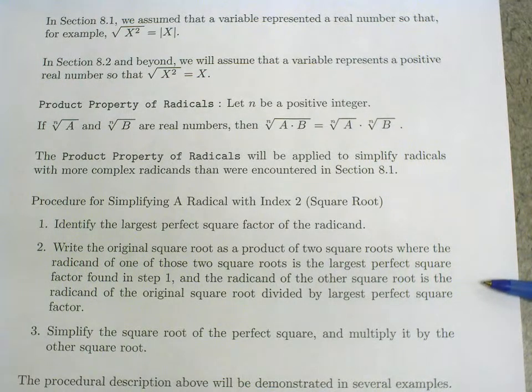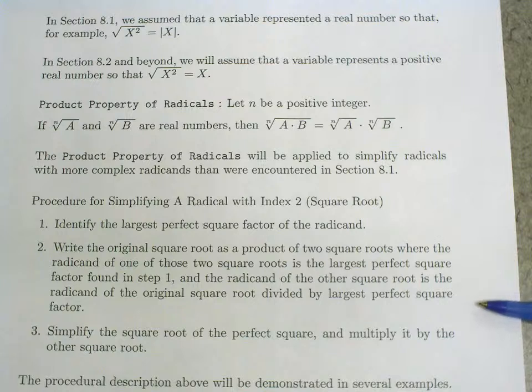And then in step 2, we write the original square root as a product of two square roots, where the radicand of one of those two square roots is the largest perfect square factor found in step 1, and the radicand of the other square root is the radicand of the original square root divided by the largest perfect square factor. When you see a few examples, this procedure will make more sense if it doesn't already.